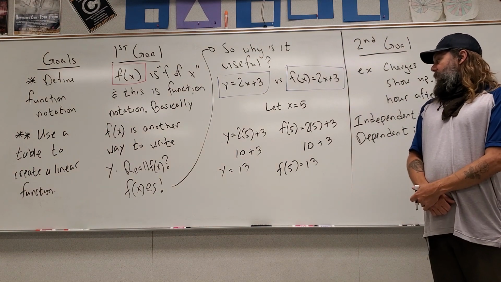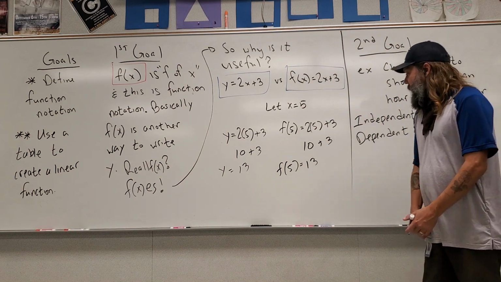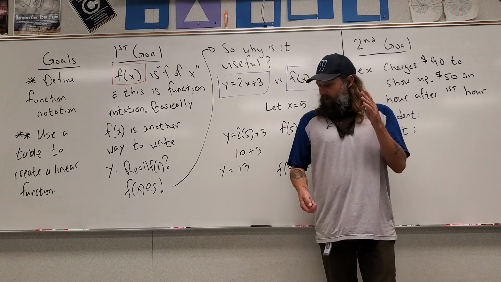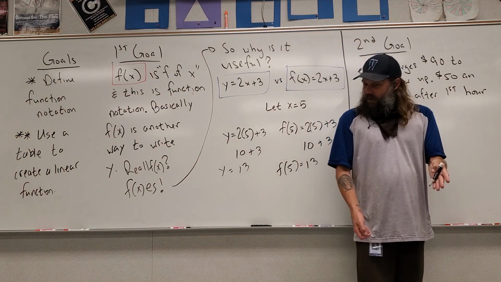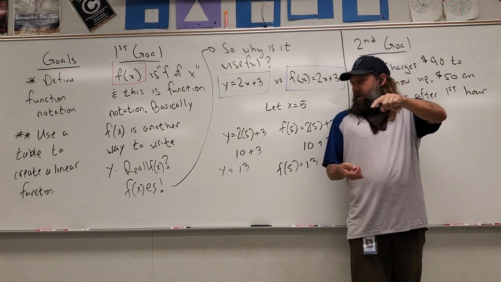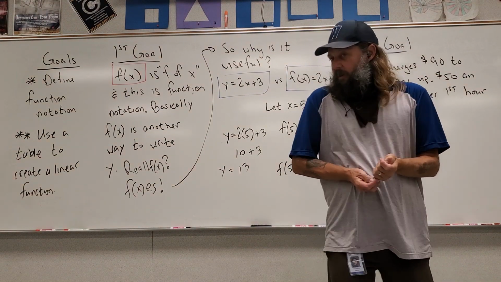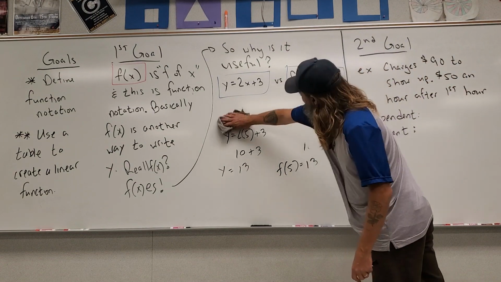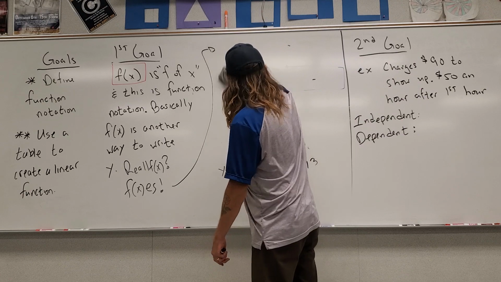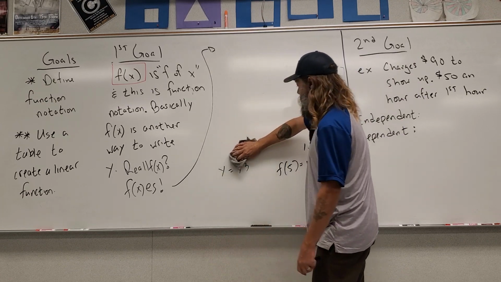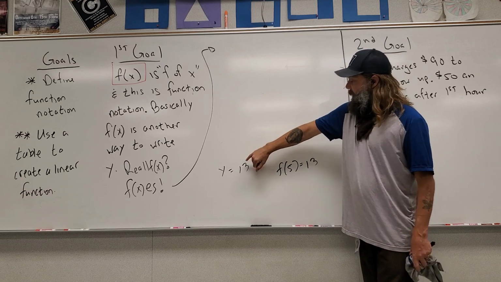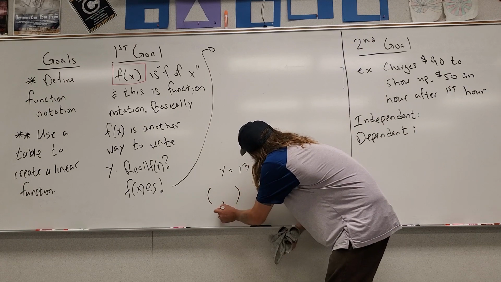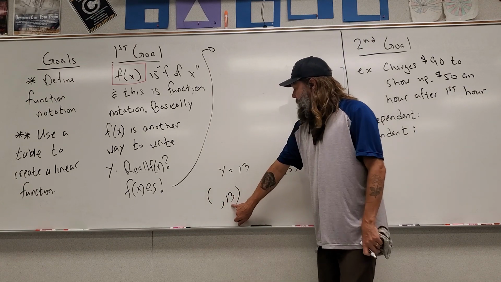Now, why this is valuable, and we'll see here in a minute, is remember, functions are relations, and relations are a set of ordered pairs, meaning that I plug in an x and I get a y back. So if we were to just, say, walking down the street, come across y equals 13, all that we can say from this bit of information is that the ordered pair has a y value of 13.